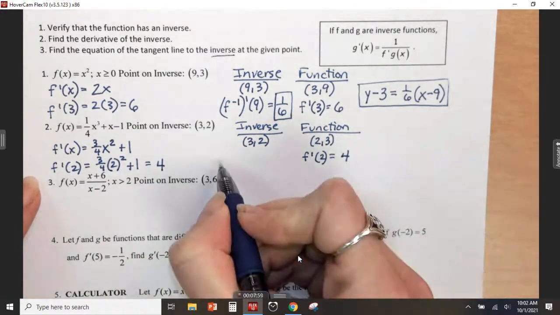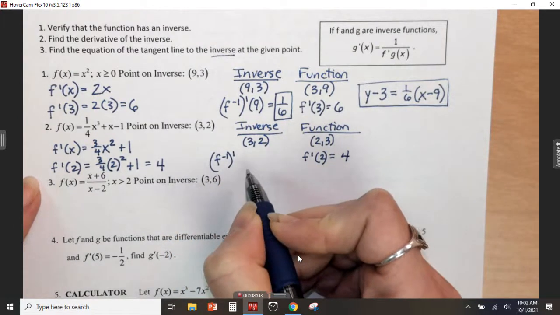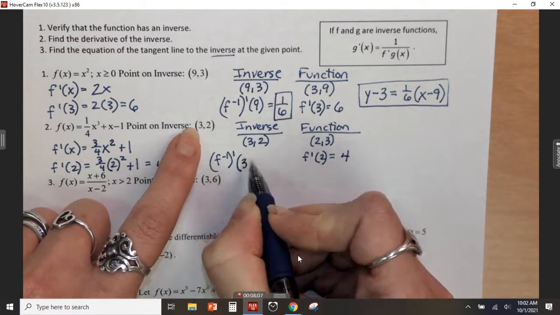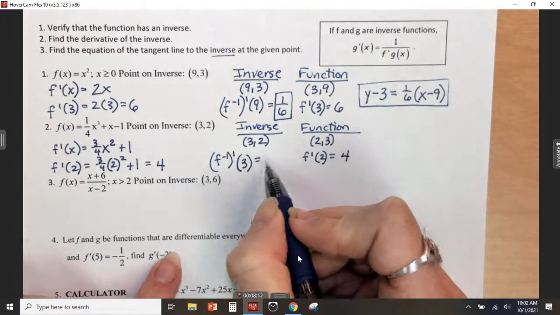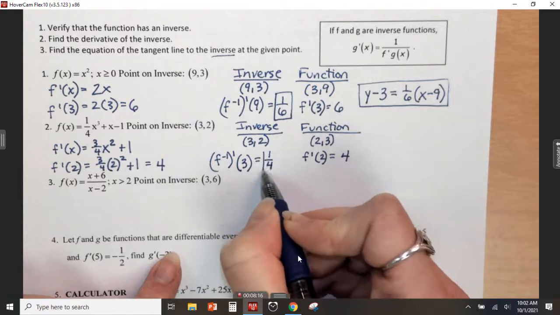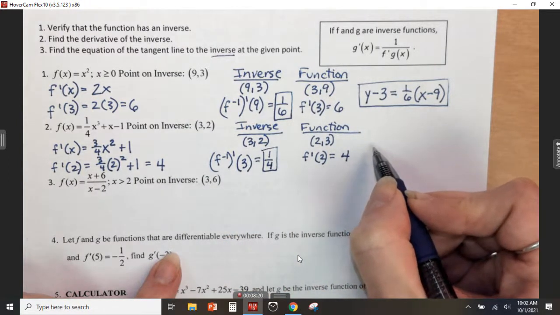So now I want to know what is the derivative of the inverse function when we're at 3 on the inverse function. Yes, 1/4. That is correct. It'll be the reciprocal of this number. It will be 1/4.